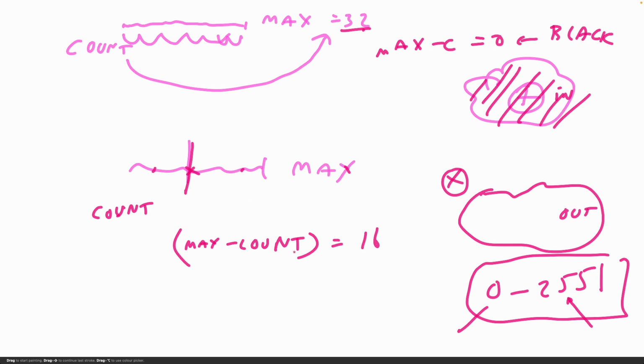So this will go from 0 to 32 is the range here, but we want 0 to 255. We could scale it. We could say divided by max times 255. That will give us 16 out of 32 times 255, 128, which is halfway along, which is fine.